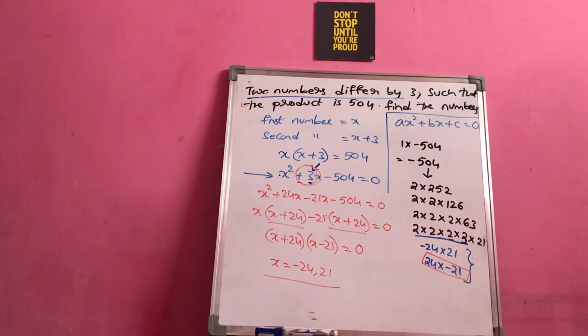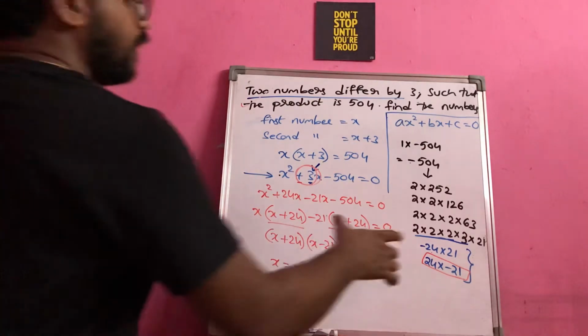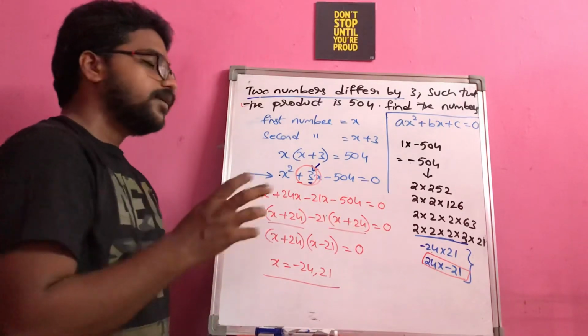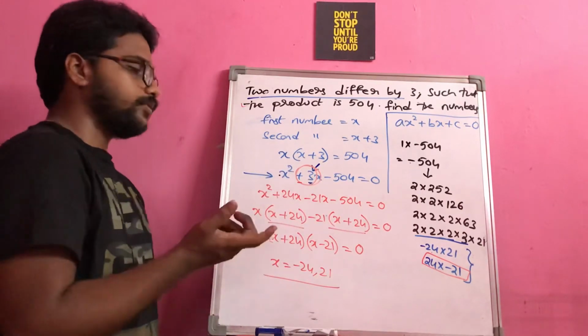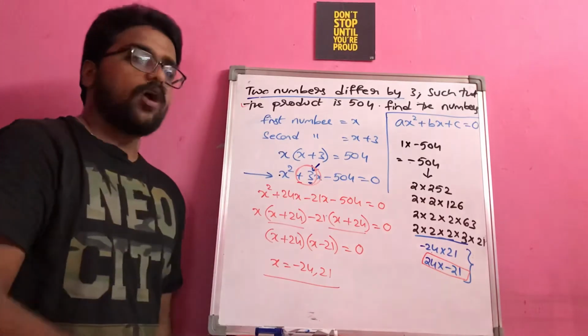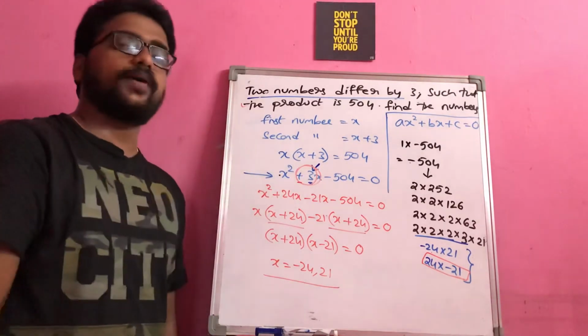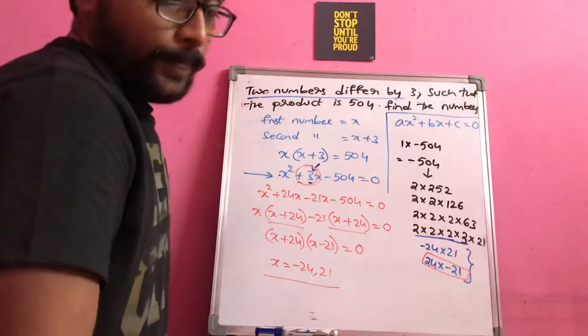You cannot waste your time splitting into multiple factors. Always choose in such a way that the combination gives you the required answer. Like this you have to group up the numbers to get the required combination, right?